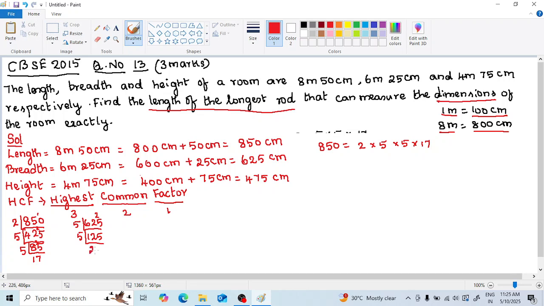So here it is 5. 5 fives are 25. So 625 can be written as 5 into 5 into 5 into 5.